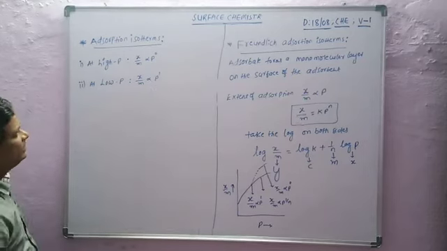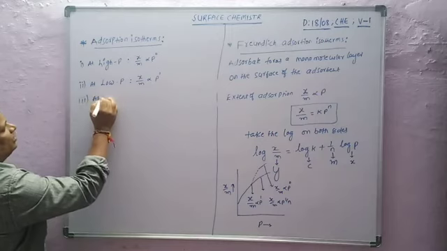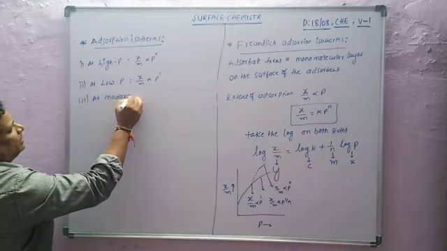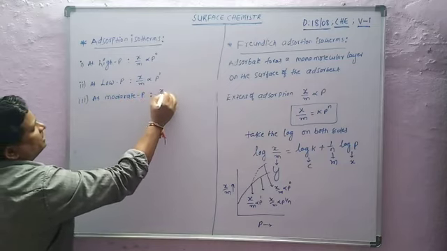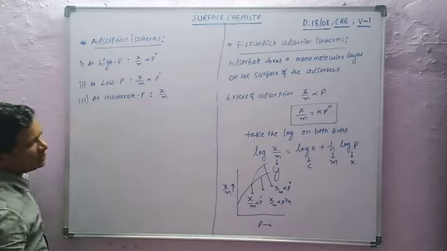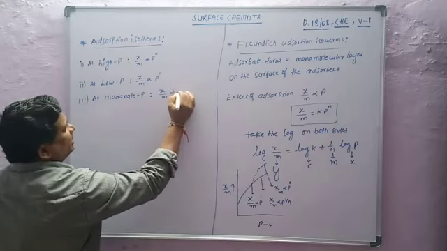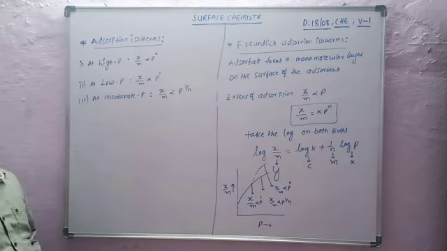Third: at moderate pressure, extent of adsorption x by m is directly proportional to P power 1 by n.